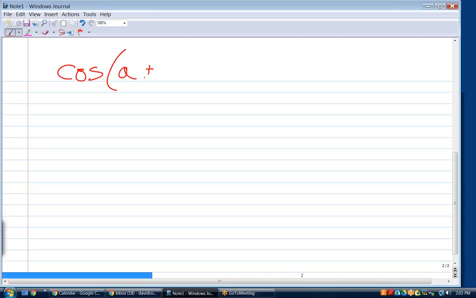There's a reason for starting with this one. You would think you would start with sine, but cosine is actually a little bit easier to remember. Do you know what this is? I have no idea. Each one of these is going to have two cosines and two sines.